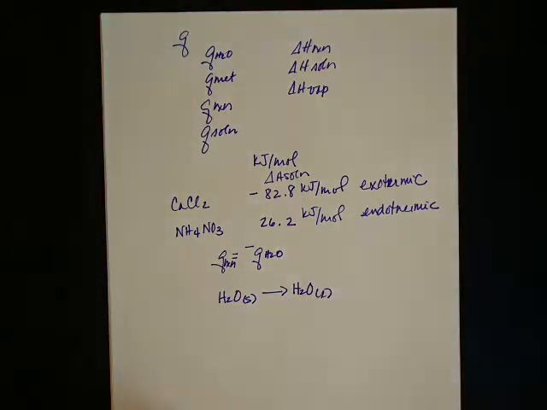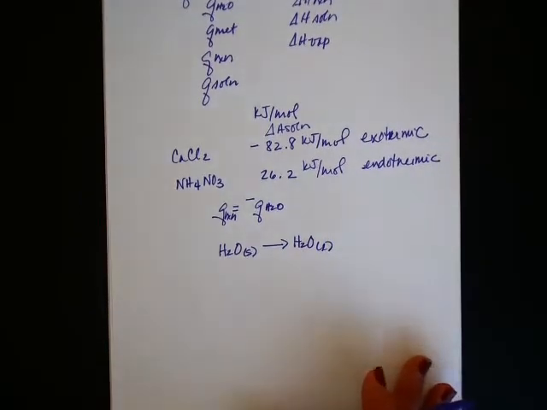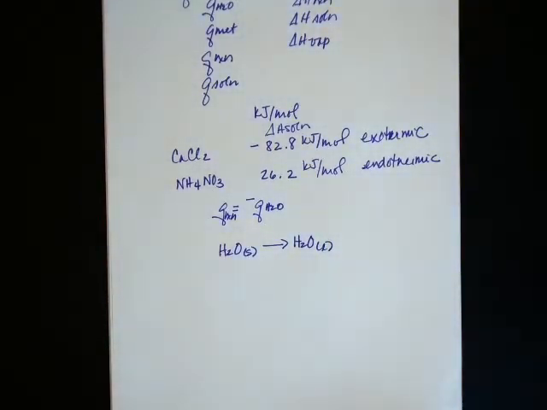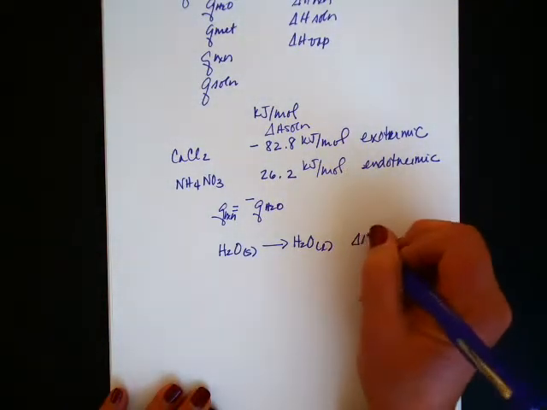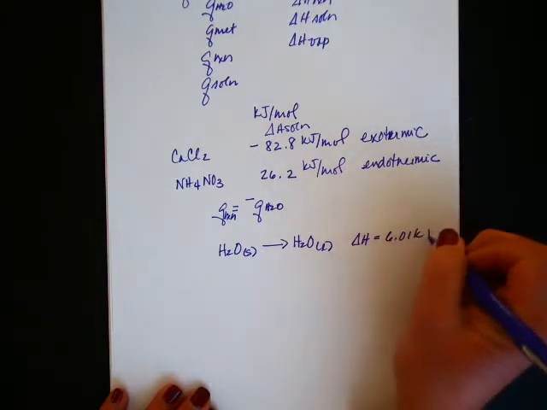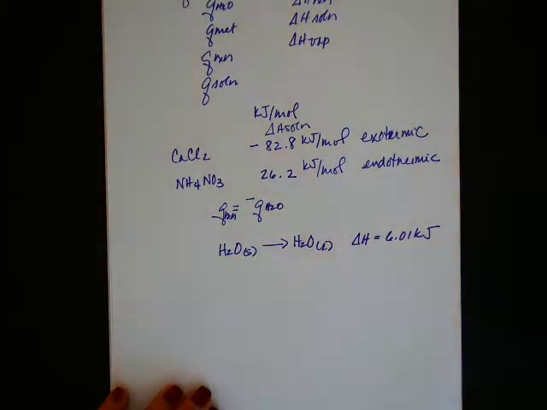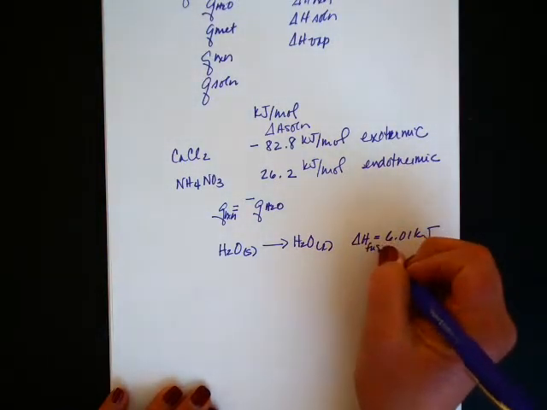And so phase changes are thermochemical equations as well. We can write reactions as thermochemical equations, but also phase changes. They have delta H's associated with them. And when we write a thermochemical equation, we also include the delta H for that process. And this is more specifically the delta H of fusion.